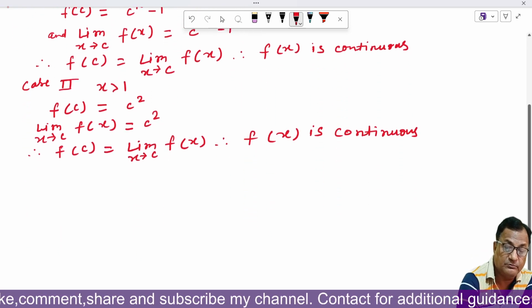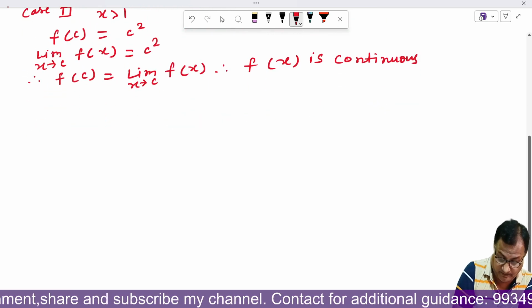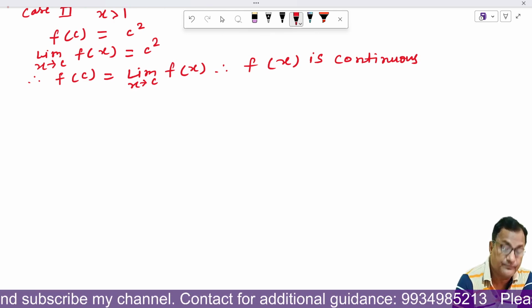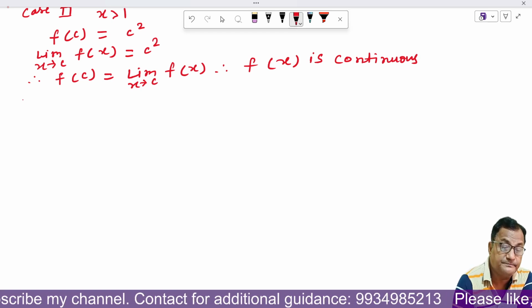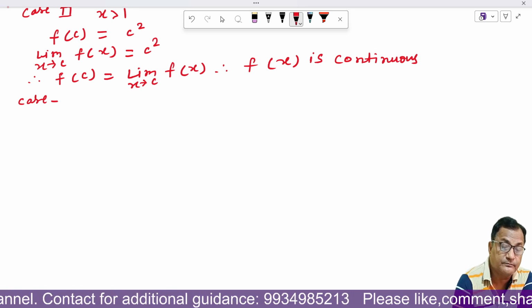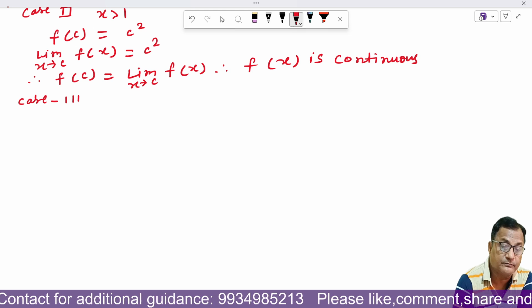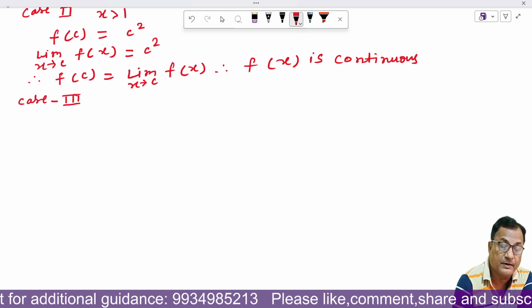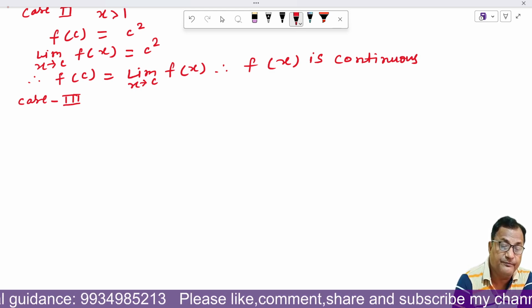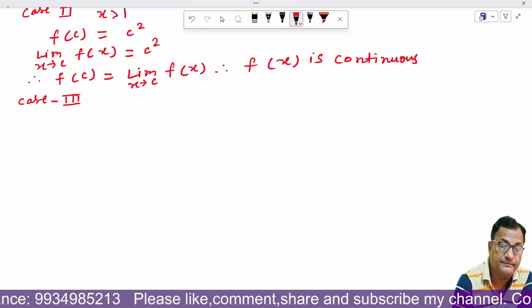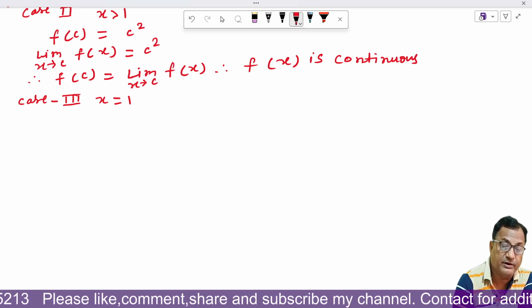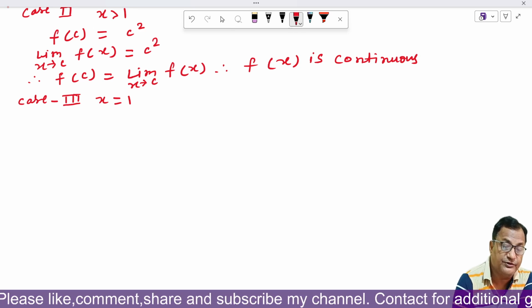Now case third. Now we will check the continuity at x equal to 1. At this point we will check continuity.